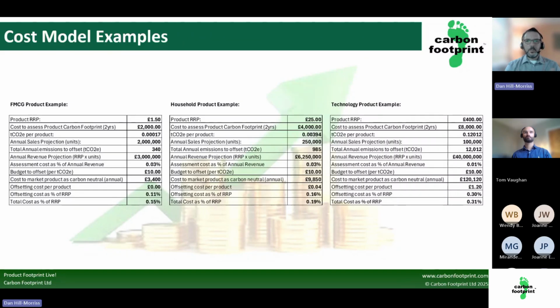So whilst there is, of course, a climbing scale here, at the lower end, overall, the cost to assess and compensate those emissions for our £1.50 product has been 0.15%, closer to 0.2% for the household product, creeping up to 0.3% there for the tech product.